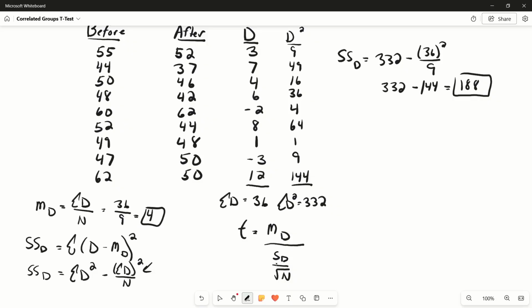Remember, this looks exactly like the single sample formula, but instead of x, we have d. It's computed the exact same way as the single sample t-test.